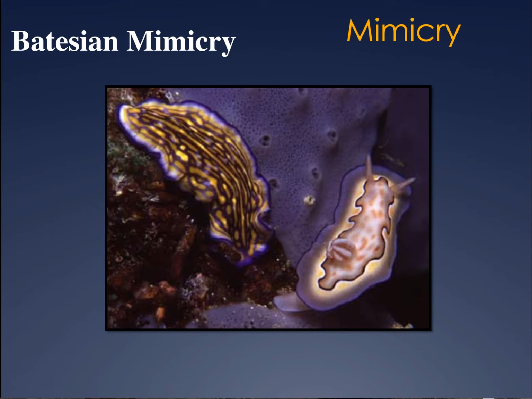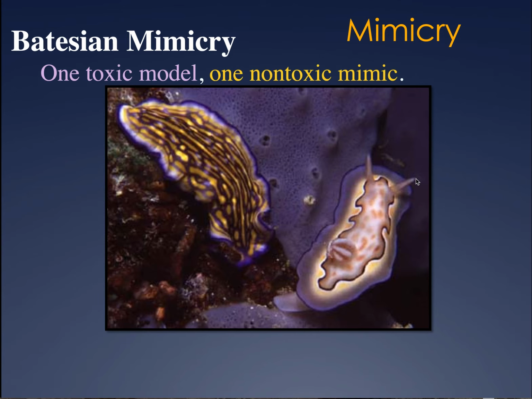Batesian mimicry is where there's one toxic species and then one mimic that's not toxic. And we call the one that is toxic the model. So Batesian mimicry is one toxic model and one non-toxic mimic.